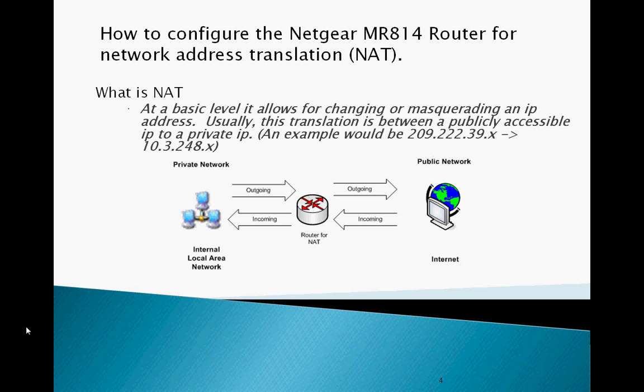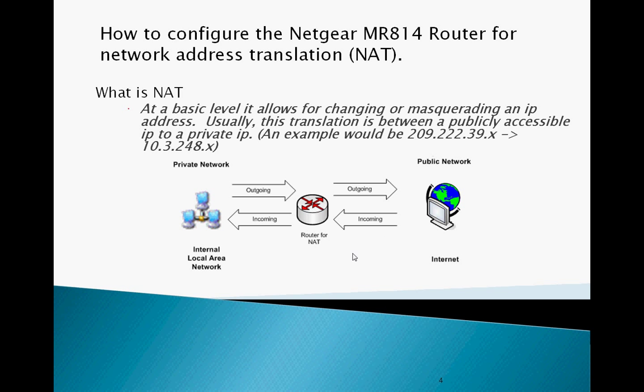You also need to understand, before we configure the Netgear MR814 router, what network address translation is. At a basic level, it allows for the changing or masquerading of an IP address between public and private networks. An example would be taking the public IP of 209.222.39.x and translating that to the private side of 10.3.248.x.